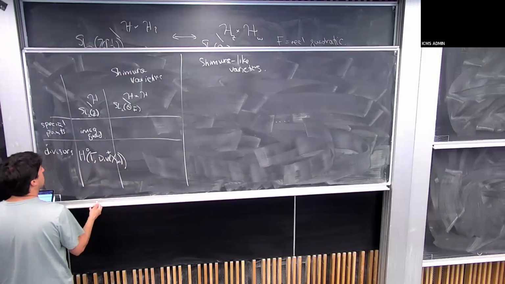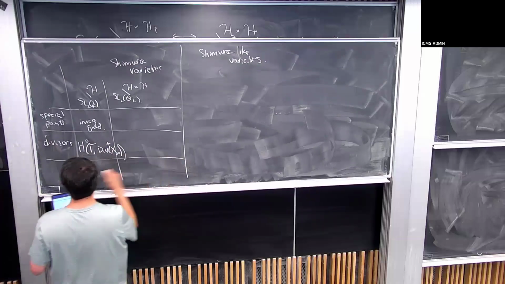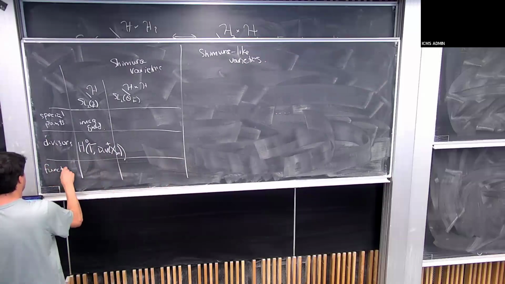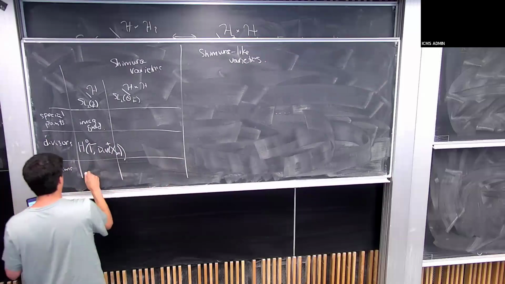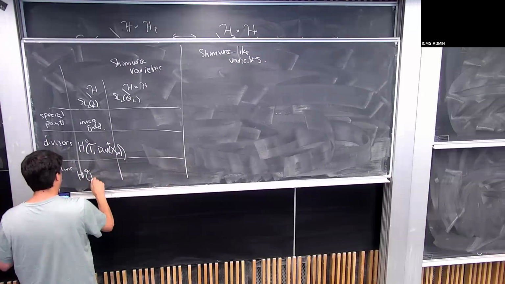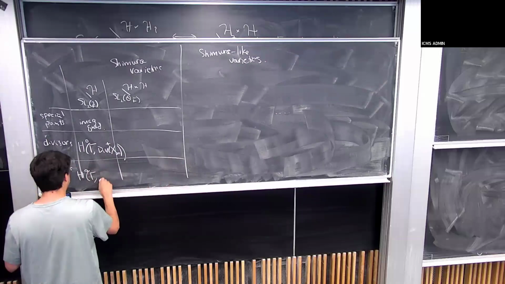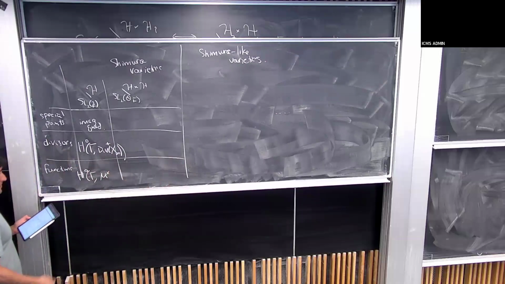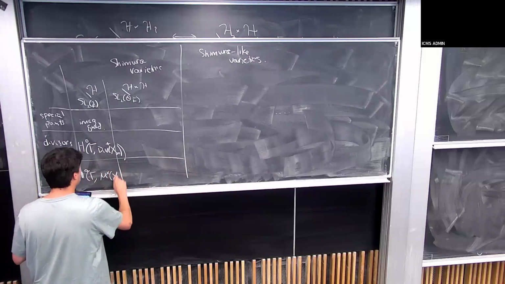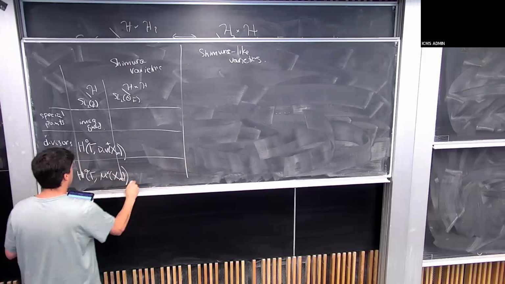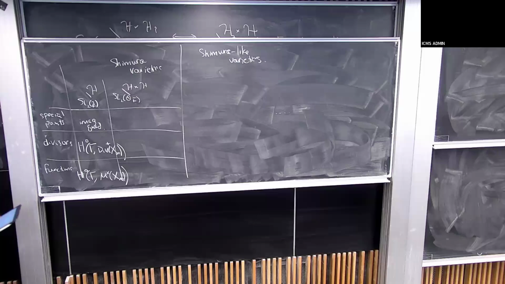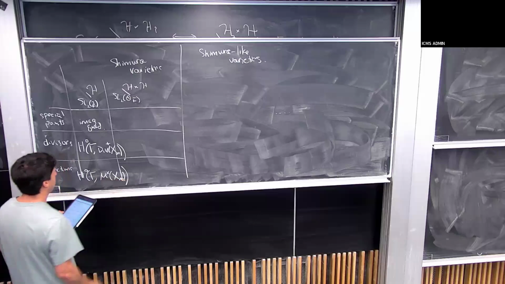And we have functions. Let's focus on meromorphic functions. So we have H0 of gamma valued in non-zero meromorphic functions on this Hermitian symmetric domain.